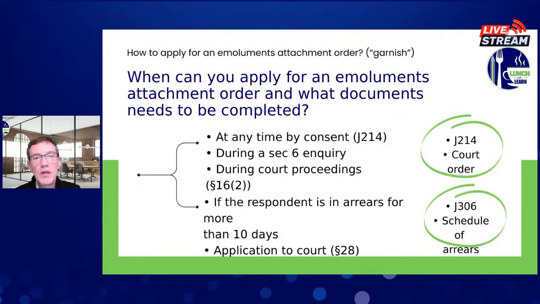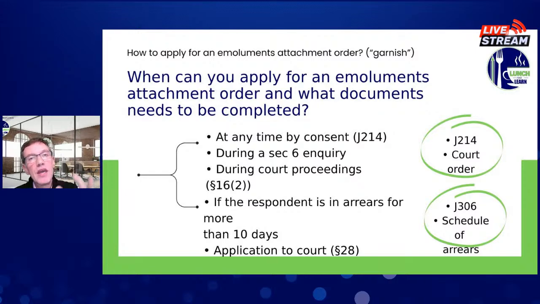What we also find is that if there's a need for the enforcement of arrear maintenance and there is no garnish order, the applicant or the complainant would approach the court asking, I want a garnish order to be done from his salary because he does work. At that stage, the J306 form needs to be completed, and that is for the enforcement of the arrear maintenance.